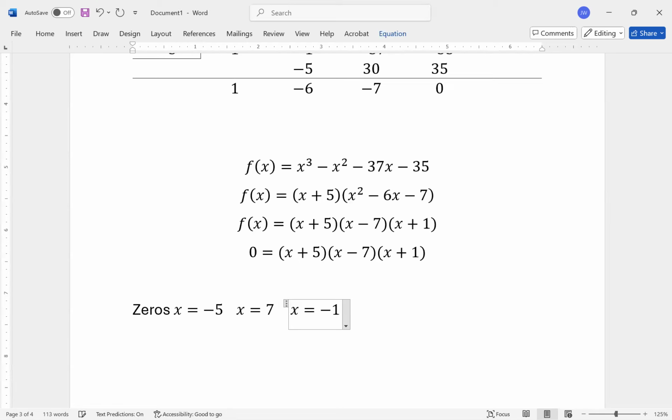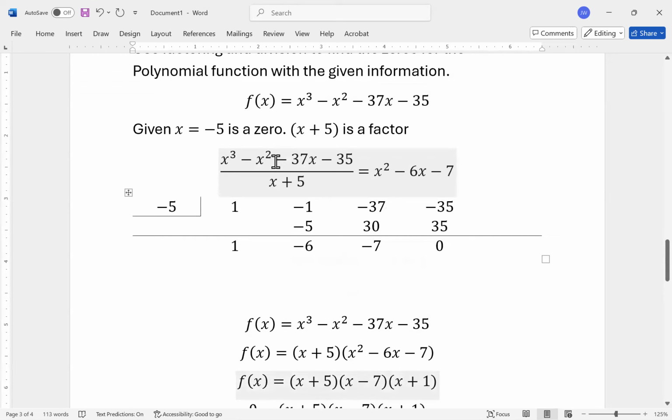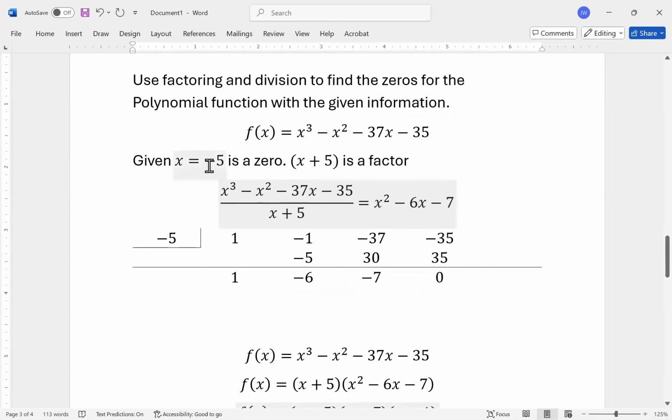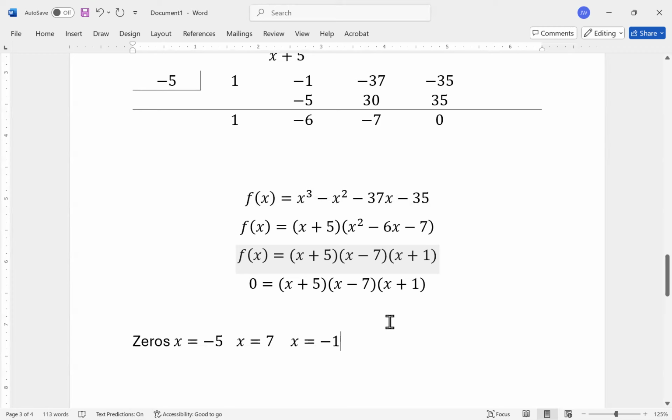So once again, cubic polynomial, we ended up with 3 zeros, each with multiplicity of 1. So that's how we can utilize division and factoring to end up with finding zeros of a polynomial function.